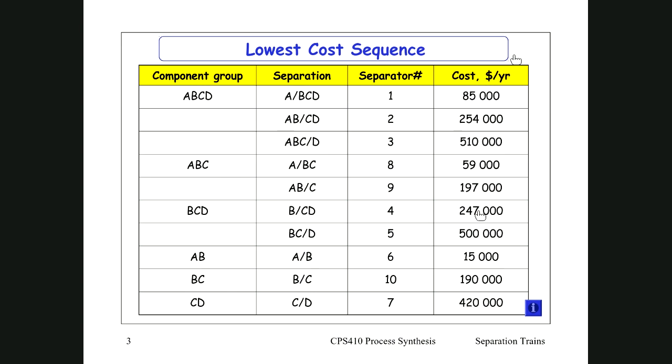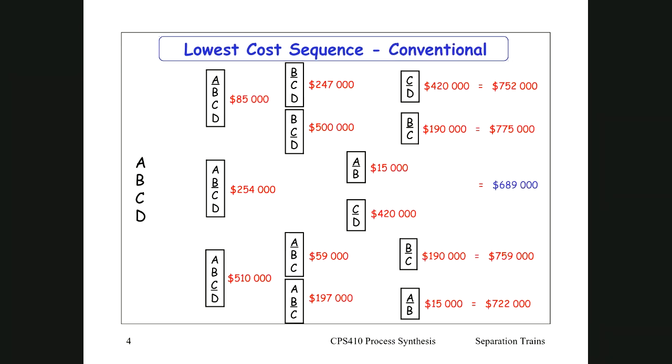Okay. So if we do this with the conventional lowest cost sequence method, what we're going to do is to say, well, there's our ABCD mixture, and the first separation can be done in those 3 ways that we've just talked about. If you do it this way, A/BCD, then you will have a BCD mixture that you must separate, and that you can do in 2 ways.